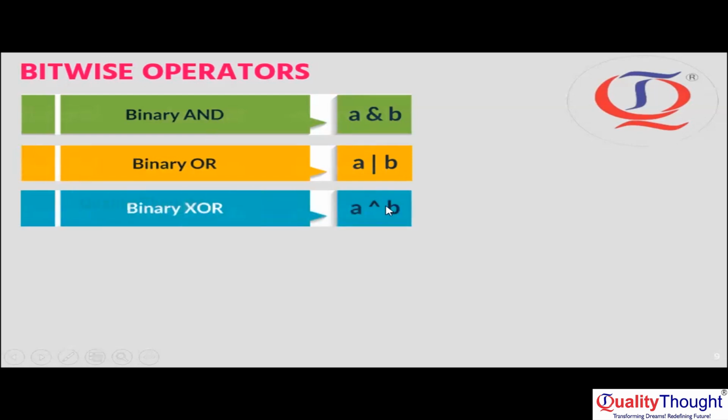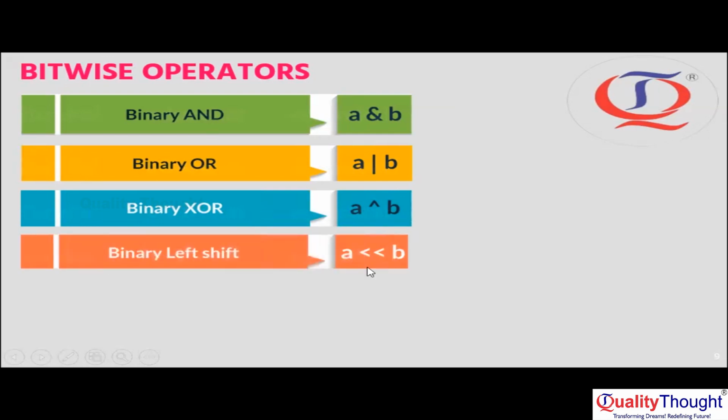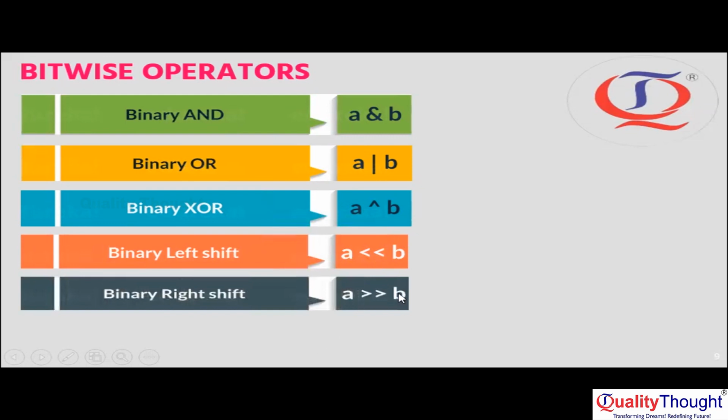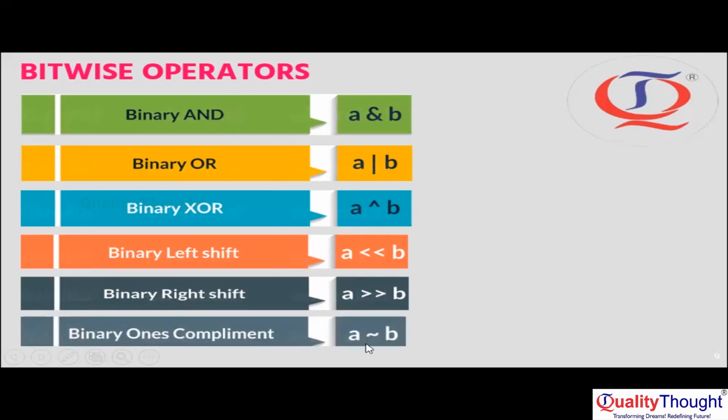This cap operator acts as an XOR, exclusive OR operator. The less than symbols act as a left shift operator, which is equivalent to the multiplication operator. A pair of greater than symbols acts as the binary right shift operator, which is equal to the division operator. Lastly, there is the ones complement operator.